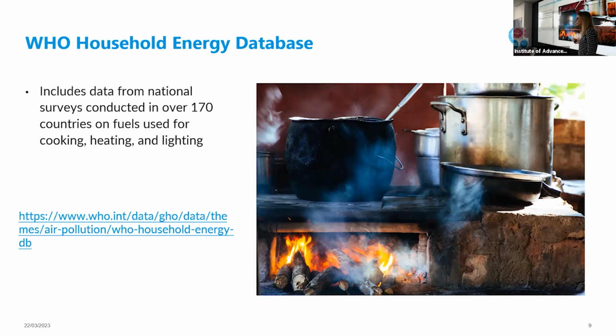So for example, as I mentioned yesterday, we have the WHO Household Energy Database. This is the largest source of data on the fuels and technologies used in the home for cooking, heating, and lighting. Initially, it was just cooking, but a few years ago, considering the importance of addressing all of the main sources of household air pollution in the home, we've expanded to heating and lighting. There's far less data on space heating and lighting available, but we're pushing it more and we're starting to see more.